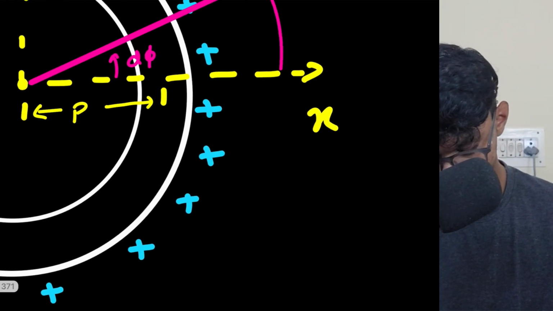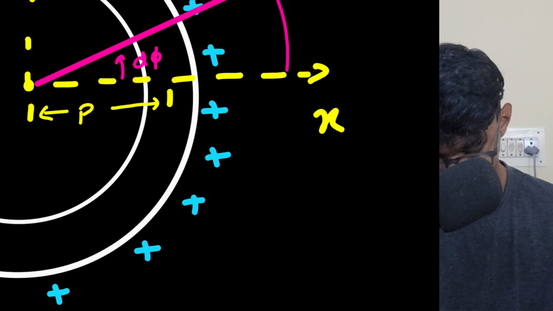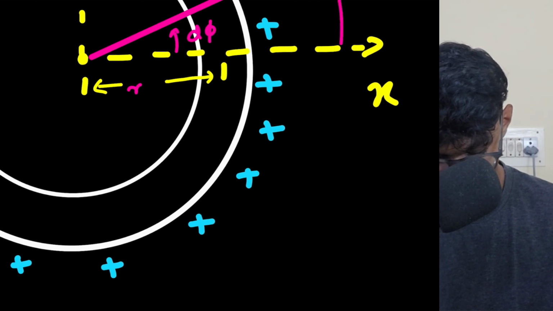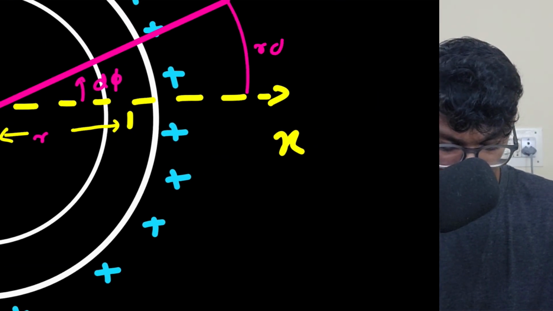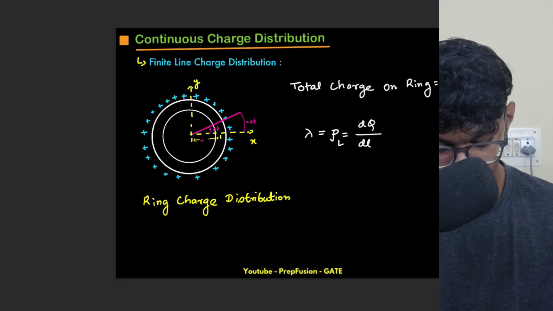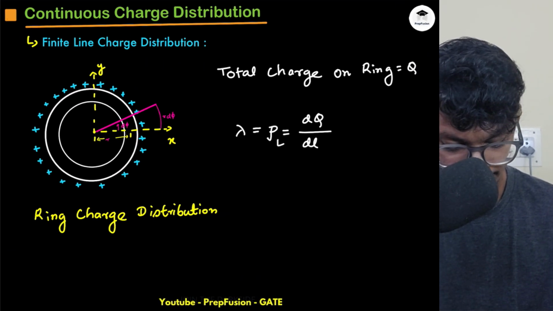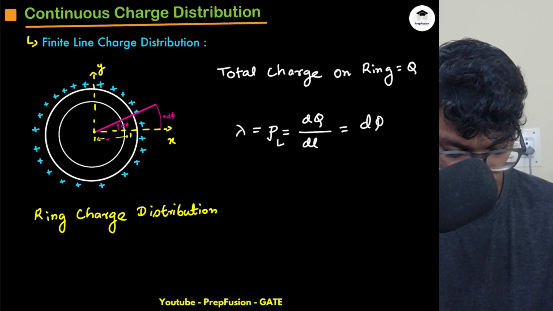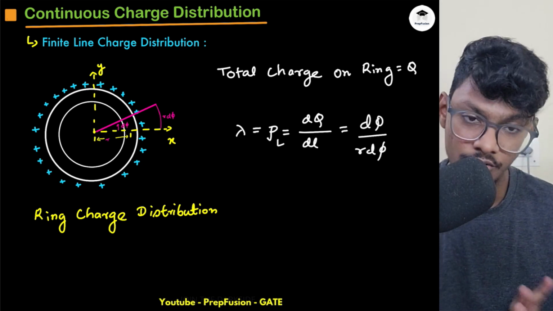So the arc length will be r d phi. So dl I can write as r d phi. So this will be dq upon r d phi. This is how you can resolve this.